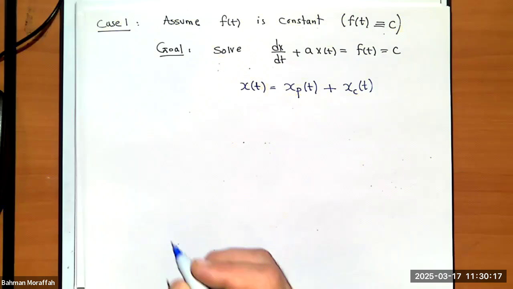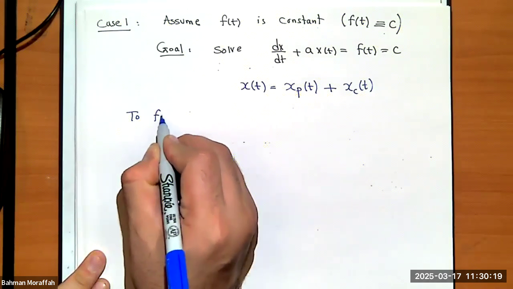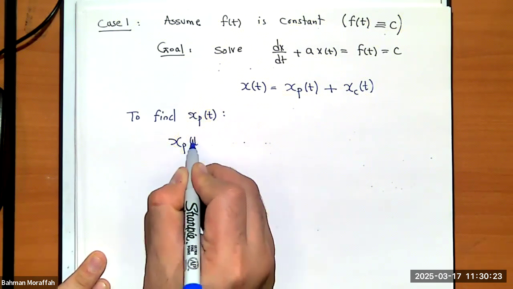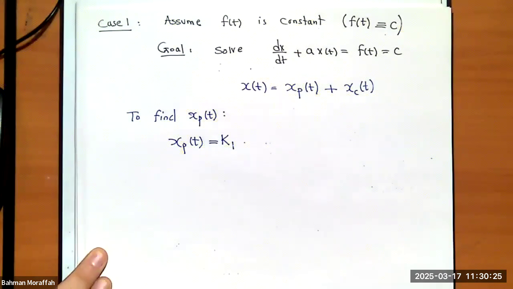So to find x_p(t), we know x_p(t) must be some constant k1, right? I don't know k1, but I know it must be constant. The particular solution is also a solution of this differential equation.